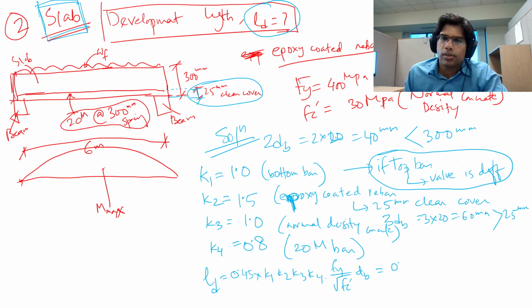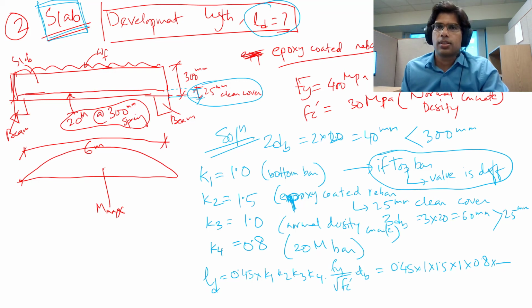So if I put all the values, 0.45, first one is 1, then 1.5, then 1, then 0.8, then Fy is 400 divided by root over 30 multiply diameter bar.